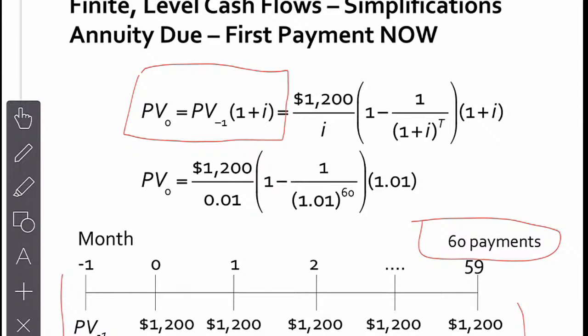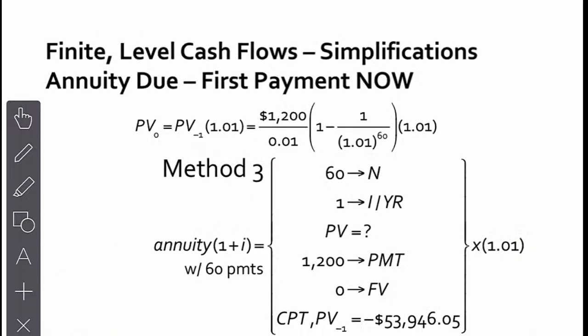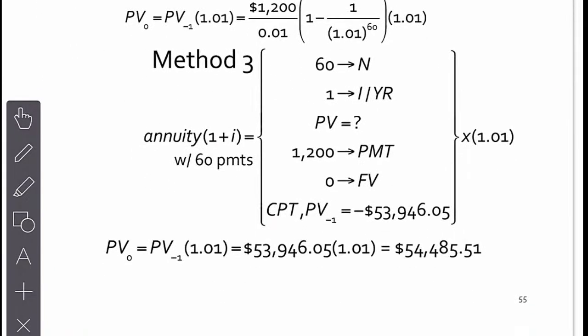So what does that involve in terms of the calculator? It involves entering into the calculator as though you have 60 payments, but remembering your result is 1 period back. So now I see Alfonso's answer.